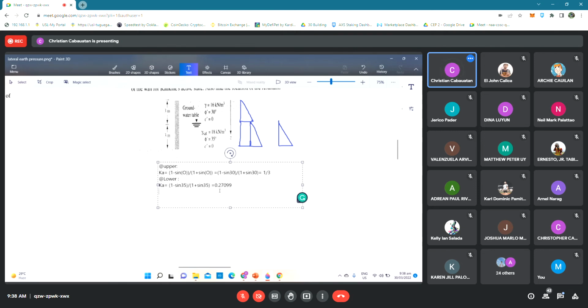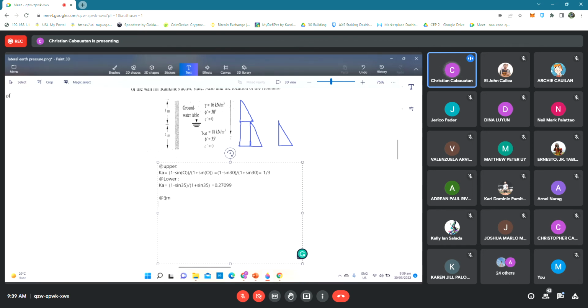So, meron na tayong Ka at the upper and Ka at the lower. So, we determine the Po na. It's pressure. Okay? For pressure, Po at the 3 meters. Dumana tayo kay 3 meters sa taas.